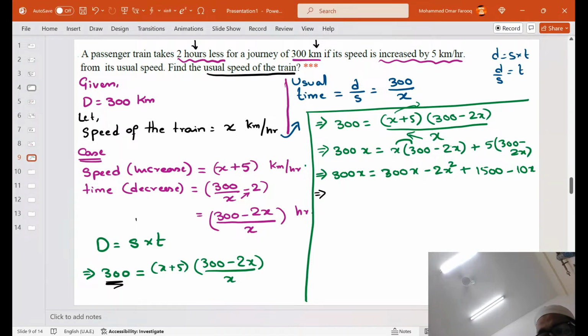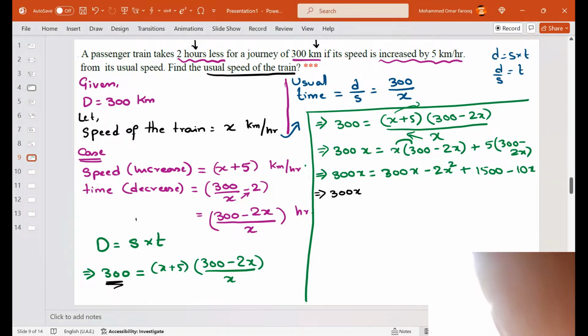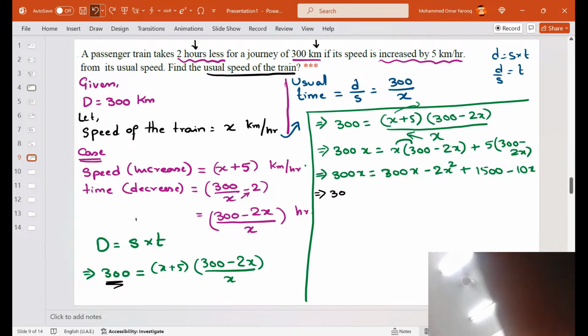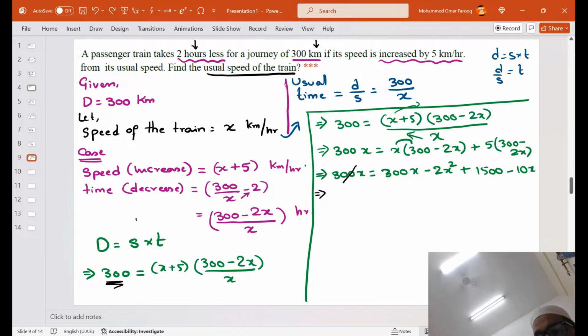So that implies 300x and 300x get cancelled. So 0 is equal to minus 2x square minus 10x plus 1500. Now I can see there is 2 common everywhere.